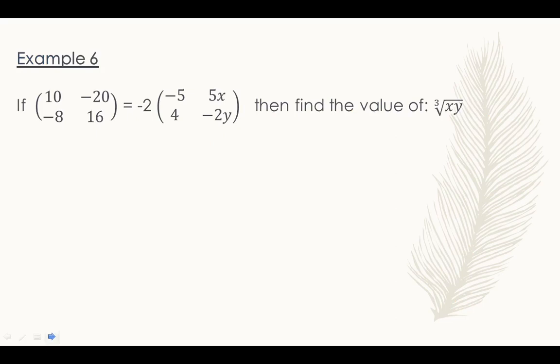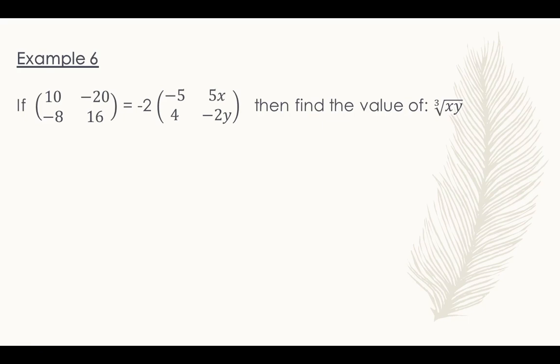Example 6. If we have the matrix 10, negative 8, negative 20, and 16 equals negative 2 multiplied by the matrix negative 5, 4, 5x, negative 2y. First, in this example, we have to learn how to multiply a number by a matrix.